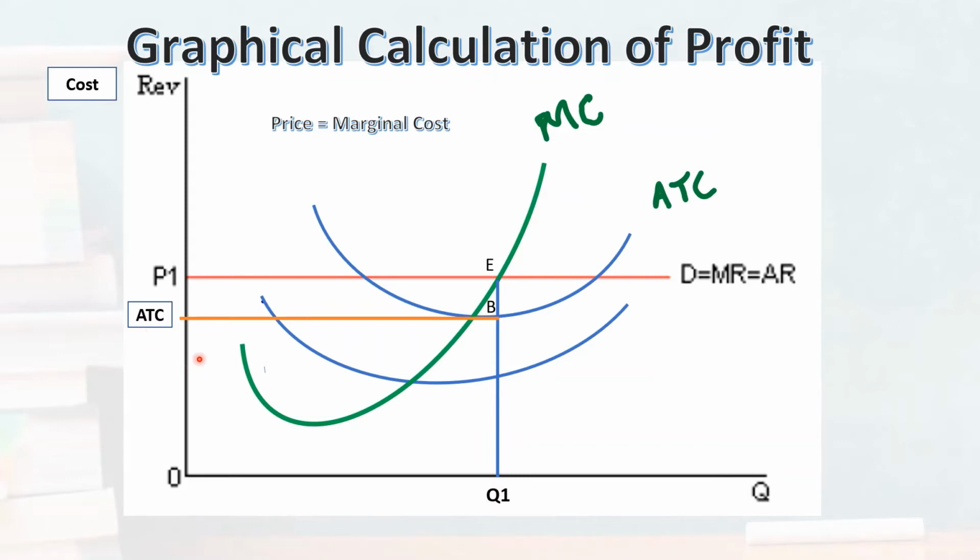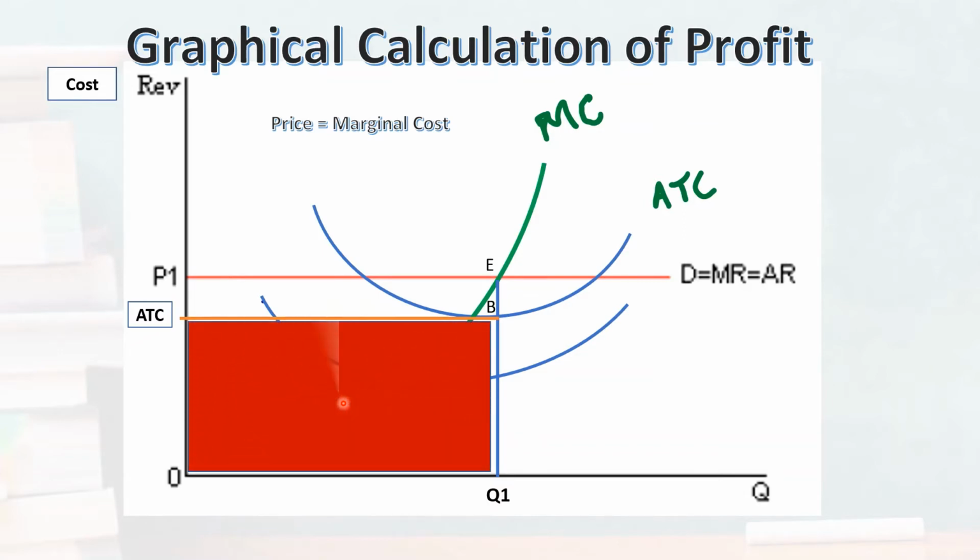And so what is going to be the total cost? The total cost is the area of this rectangle, right? This rectangle for which the starting point is ATC, average total cost, 0, Q1, and then this point here. So by just calculating the area of this rectangle, we will have the total cost. So total cost is basically the area of this red rectangle.